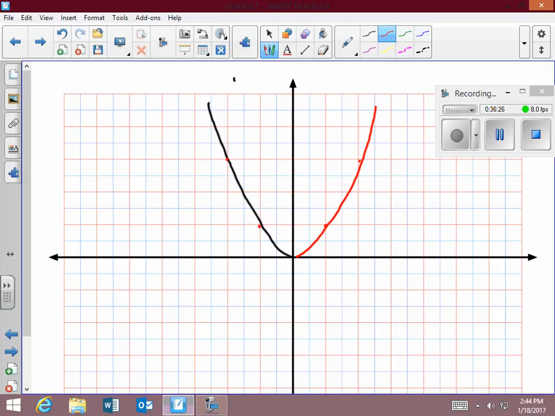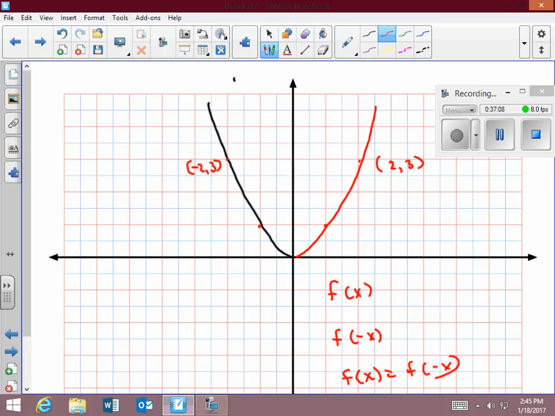Now notice it says if you're symmetric about the y-axis, this particular point right here is what? X is minus 2, y is 3. And this is x is plus 2, y is 3. So they're saying that if you do f of x and you do f of minus x, f of x should equal f of minus x if you're symmetric to the y-axis.